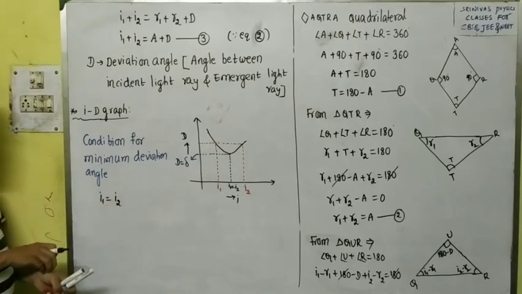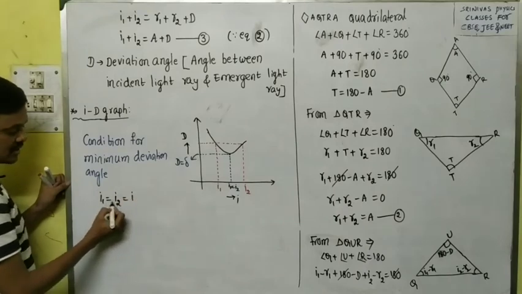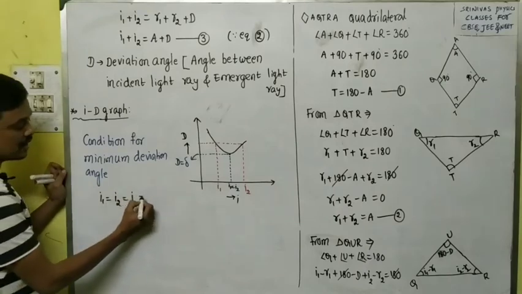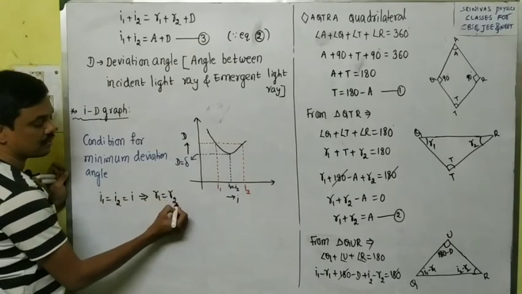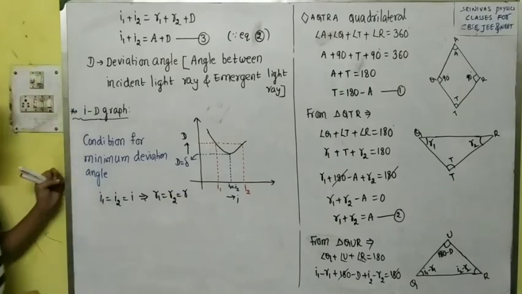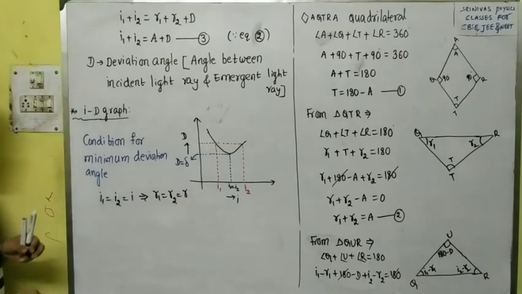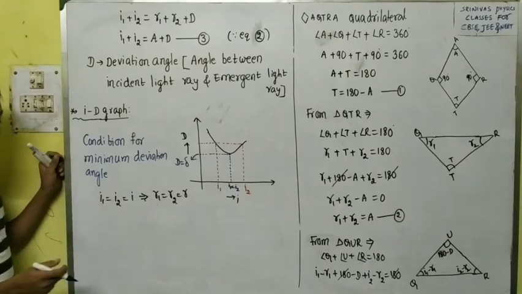We write I1 is equal to I2, and let us take it as I. When the angle of incidence and angle of emergence are equal, automatically the angles of refraction are also equal. Then we write R1 is equal to R2 is equal to R. This is the condition: I1 equals I2 and R1 equals R2.